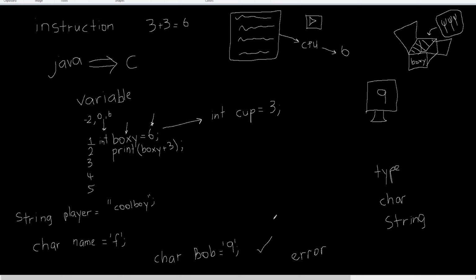I think we've done a lot of good work with introducing you to variables. But we haven't really done too much computation yet. I mean, we've sort of done this.